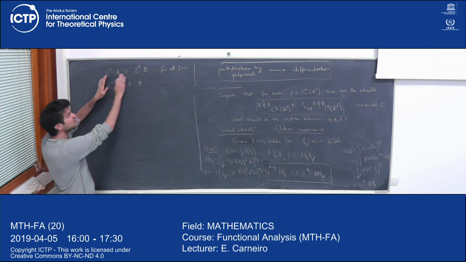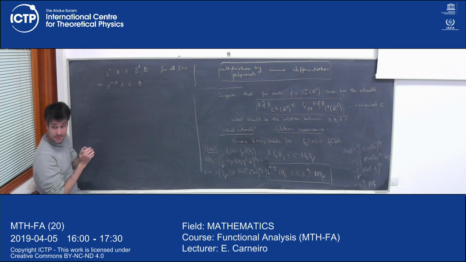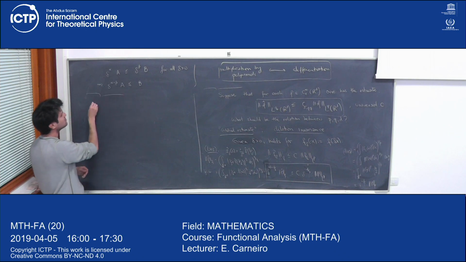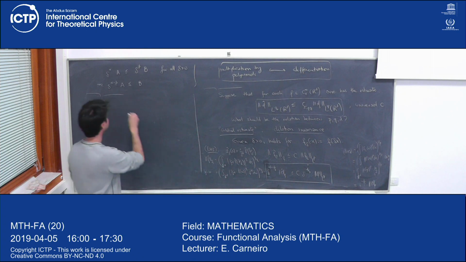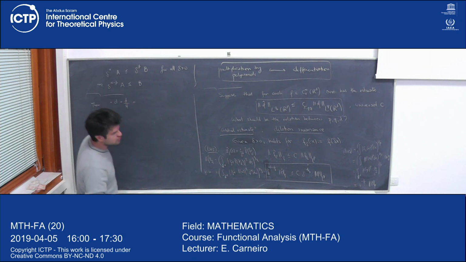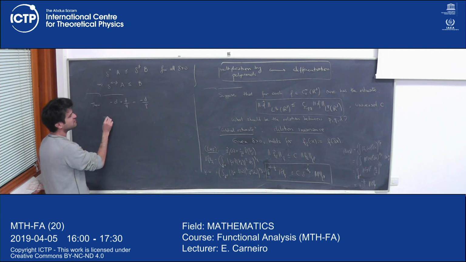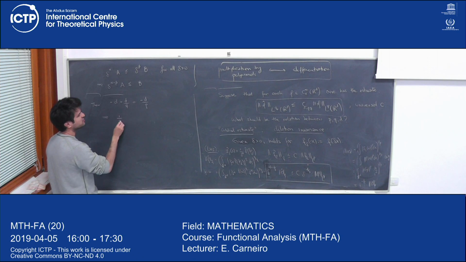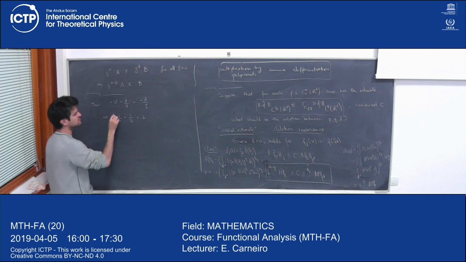So the only chance for this to hold for all lambda bigger than 0 is that these two exponents are the same. So then, the two exponents here, minus d plus d over q, has to be equal to minus d over p, which if you divide by d, you just obtain that 1 over p plus 1 over q has to be equal to 1.